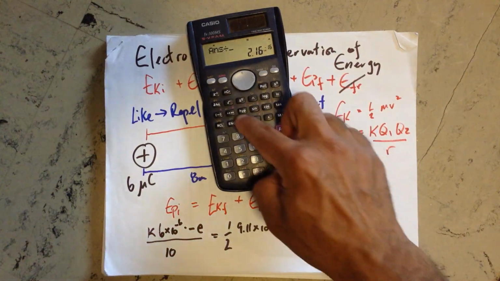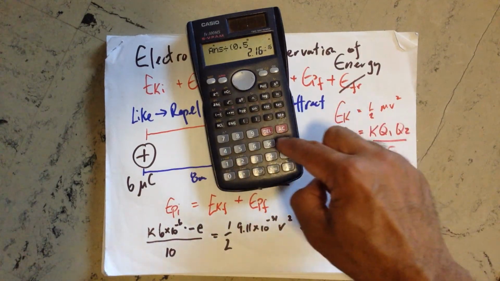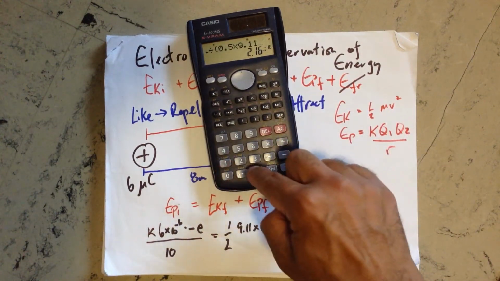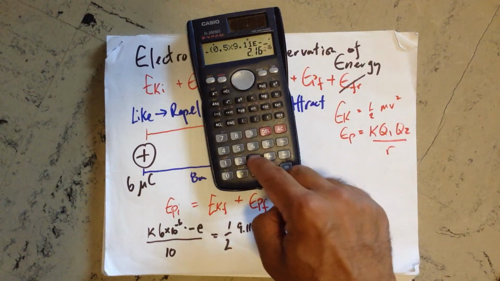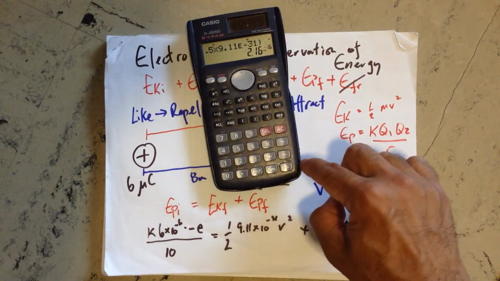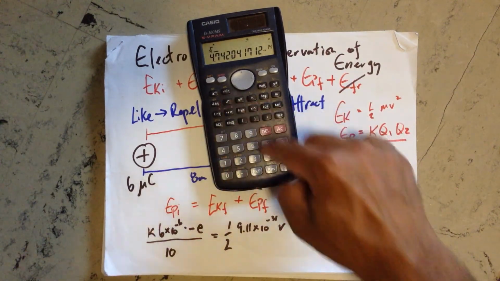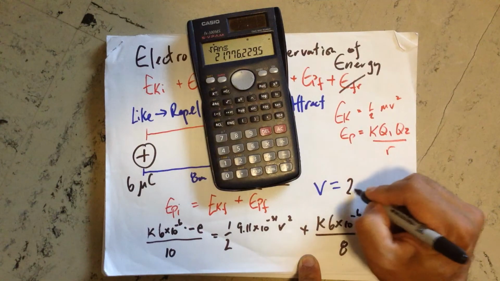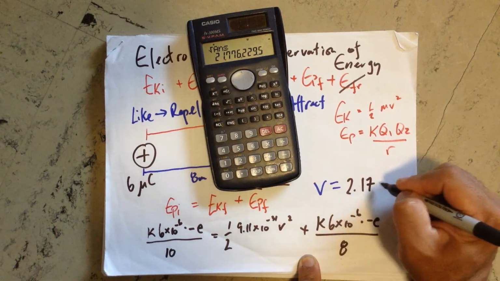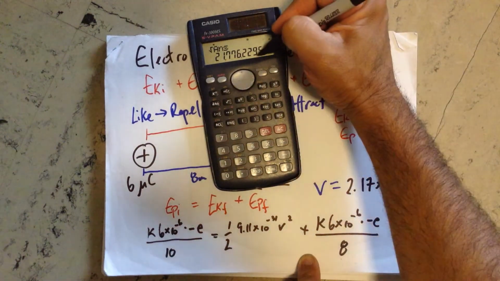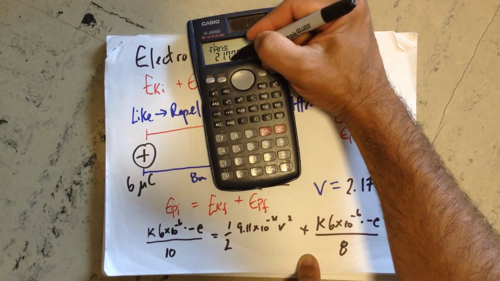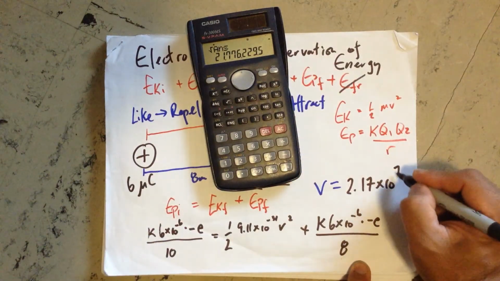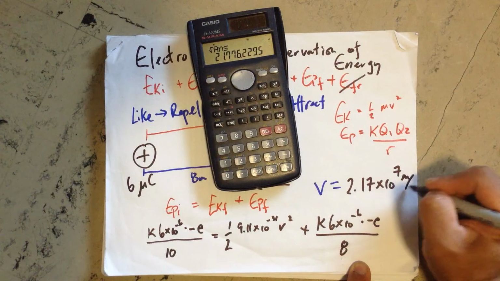Divide that by the mass of an electron times 1/2. Square root our answer, and we're left with 2.17 times 10 to the 7 meters per second.